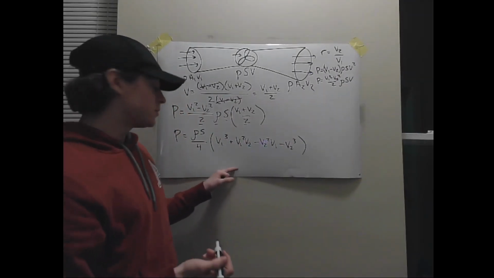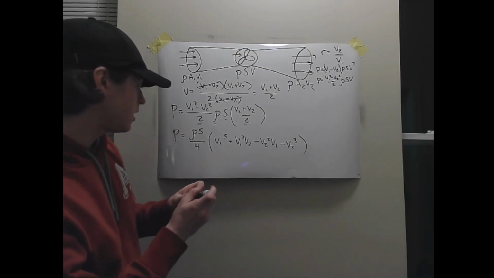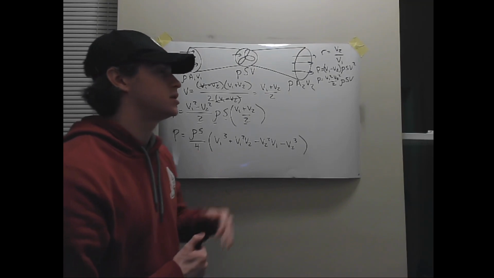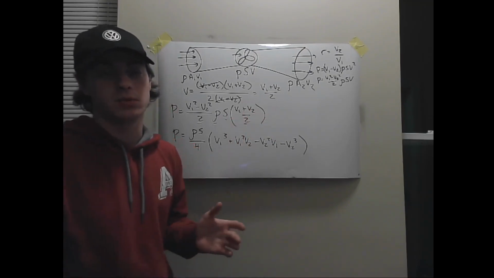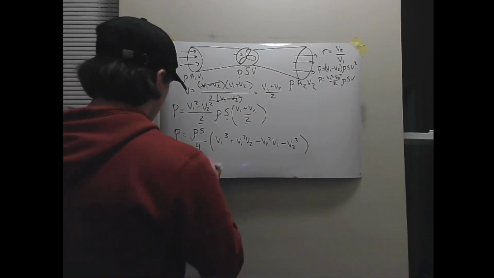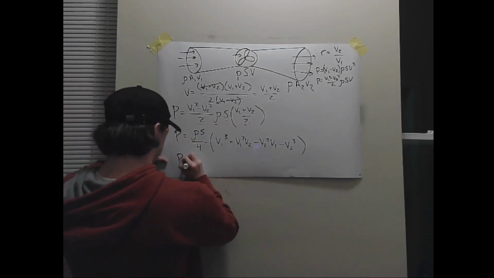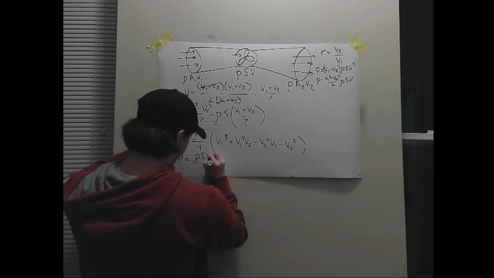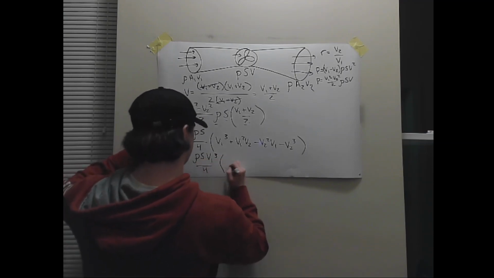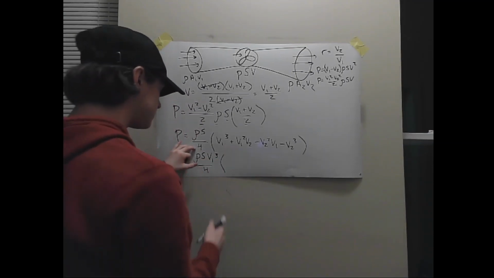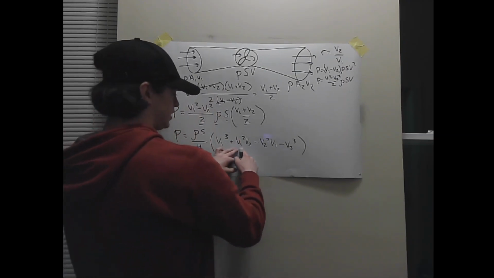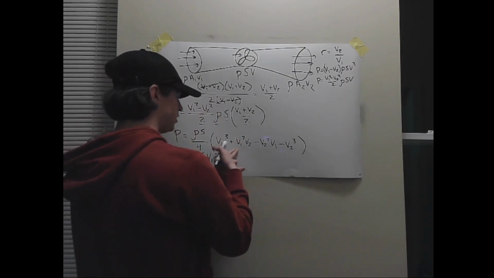So now from here, I'm going to go ahead and factor out a V1 cubed term, and that'll actually allow us to implement in our ratio, and we'll be able to solve for the maximum power. So I factored out a V1 cubed. So in our expression, we just have 1 plus, this is V1 squared divided by V1 cubed.